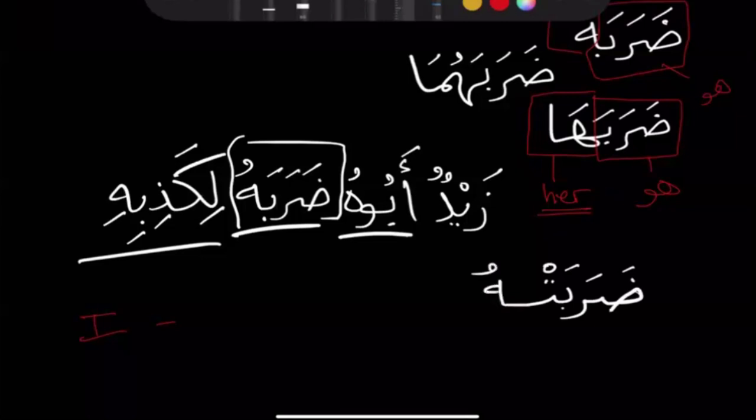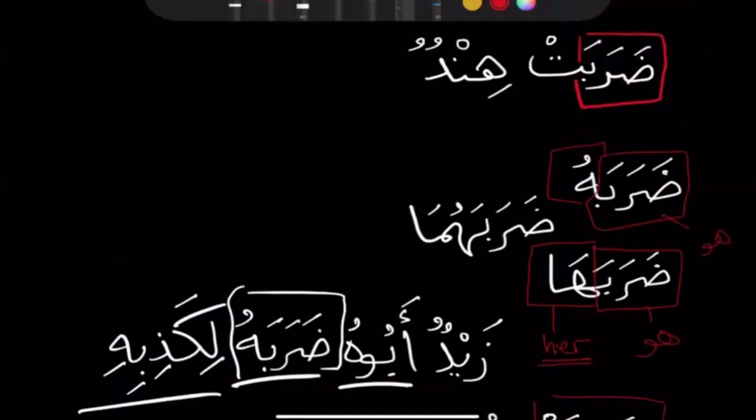She hit him. Because now, here's the verb, darabat. Darabathu, she hit him. Darabaha, he hit her. So we'll see the combinations.